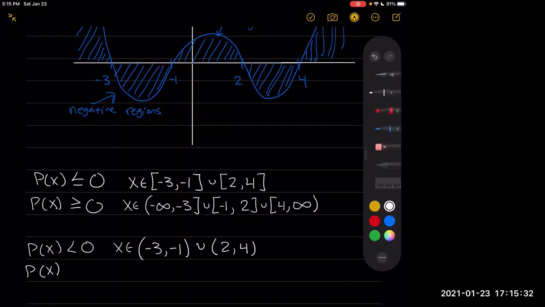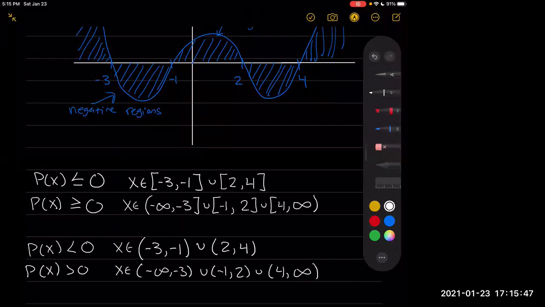And similarly for the greater than 0 case. So that's the difference when we're looking at graphs between the less than or equal to and the just strict less than or greater than, because of our zeros at exactly x equals -3, -1, 2, and 4.